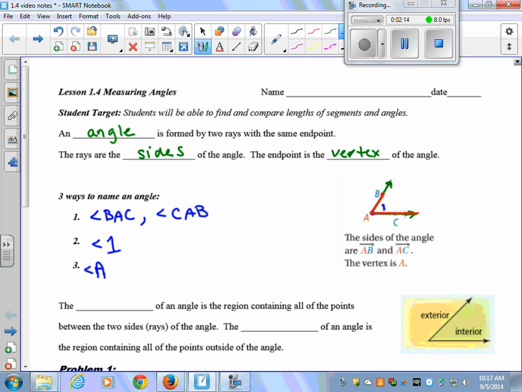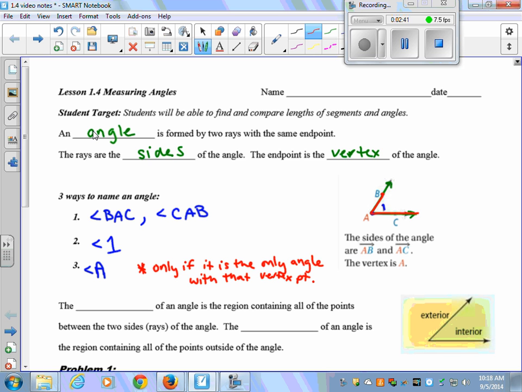And this can only be used if that vertex is only the vertex of that one angle. So only if it is the only angle in the diagram with that vertex point.